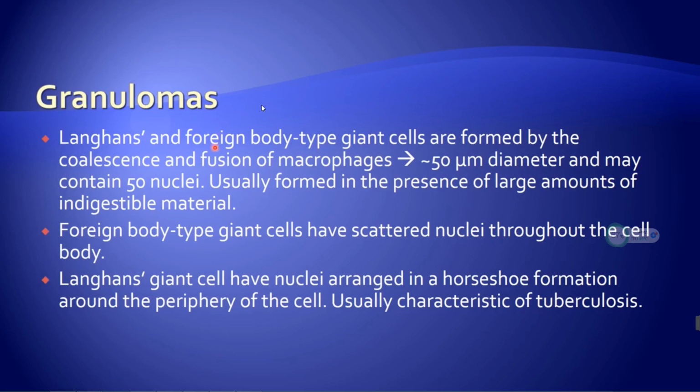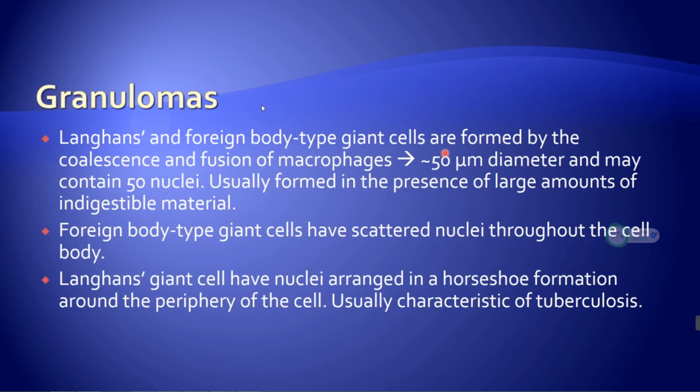The other type is what we call foreign body type giant cells. If I was to describe them to you, the foreign body type has the nuclei of all these macrophages in a uniform distribution throughout the entire cell. The Langhans version of these giant cells has a horseshoe-shaped arrangement of nuclei around the periphery of the cell itself.